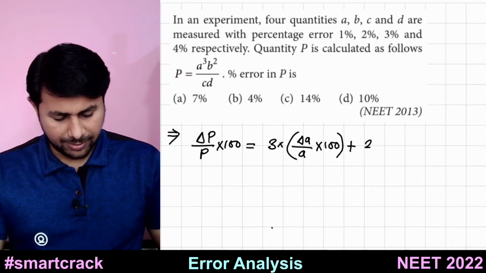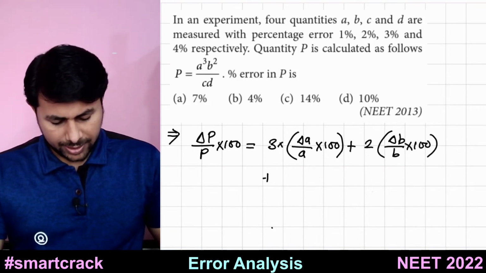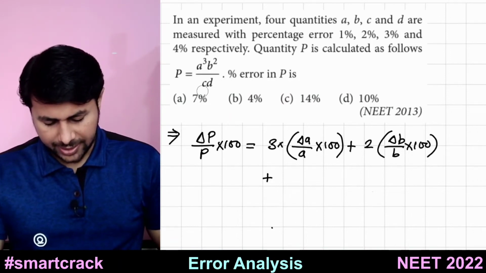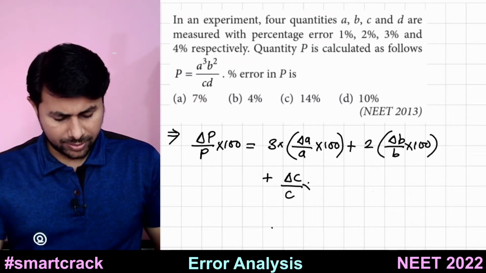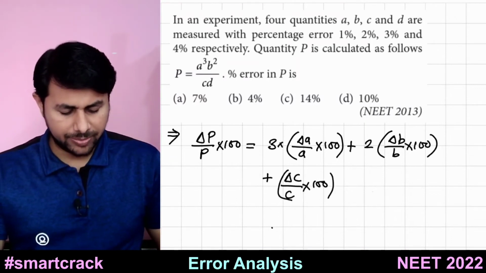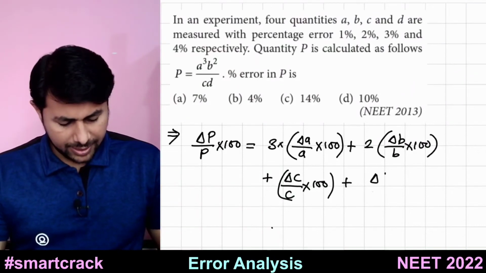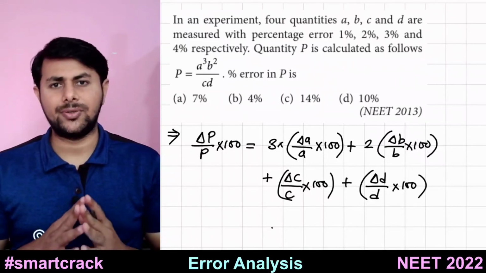So it is 2 times of the percentage error in B, delta B upon B into 100, plus it is divided by CD. So delta C upon C into 100, because power of C is 1, plus delta D upon D into 100. Okay, because power of D is also 1.